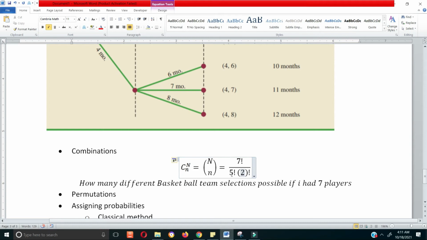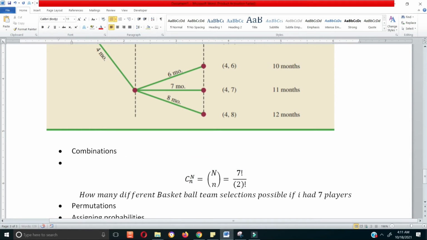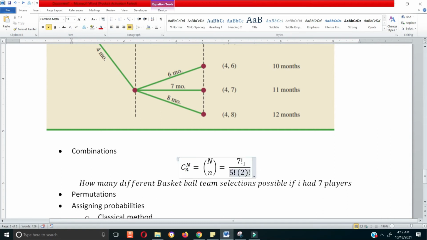So 7 factorial divided by 5 factorial times 2 factorial. I hope people know what factorials are. Let's say you have a 3 factorial. This is actually 3 by 2 by 1. So you keep on decrementing by 1. Let's go back: 7 factorial divided by 5 factorial is going to give you 7 by 6. 2 factorial is still 2.